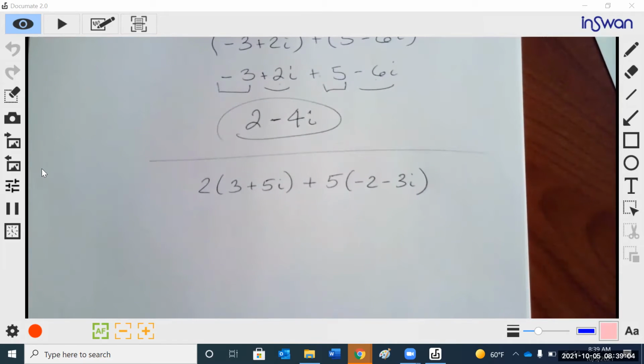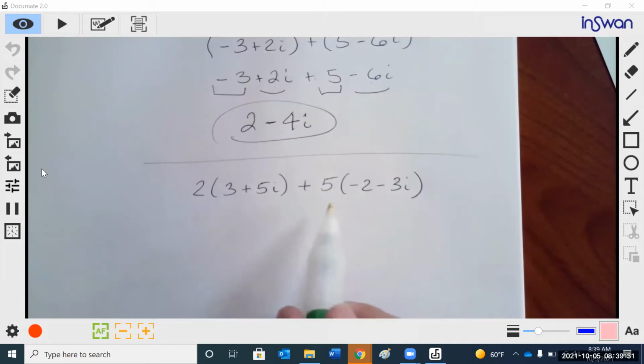Now let's look at one that has coefficients in front of it. 2 times (3 plus 5i) plus 5 times (negative 2 minus 3i). First step. Can we do anything inside the parentheses? So we get rid of parentheses. How do we get rid of parentheses?